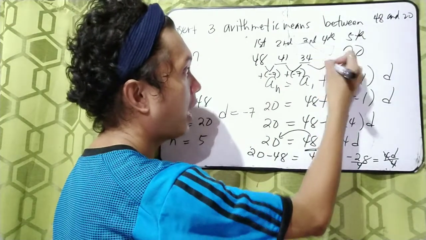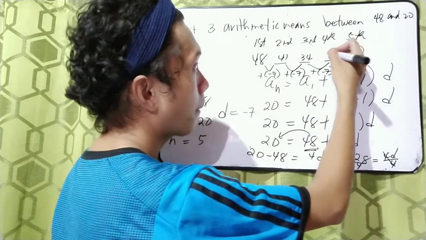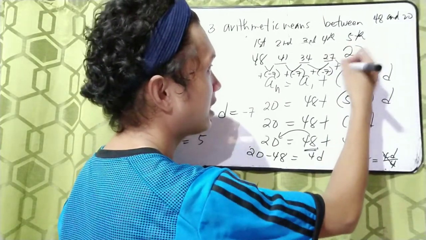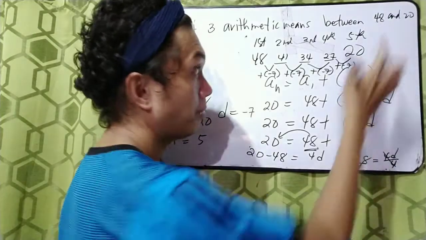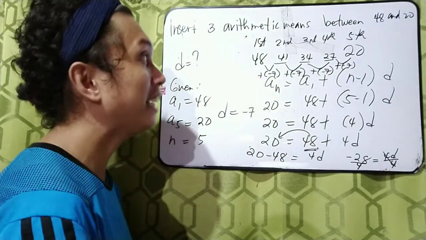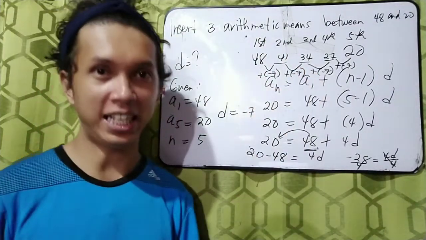And then plus negative 7, that becomes 27. Then plus negative 7, that becomes 20. So now our arithmetic means are 41, 34, and 27.